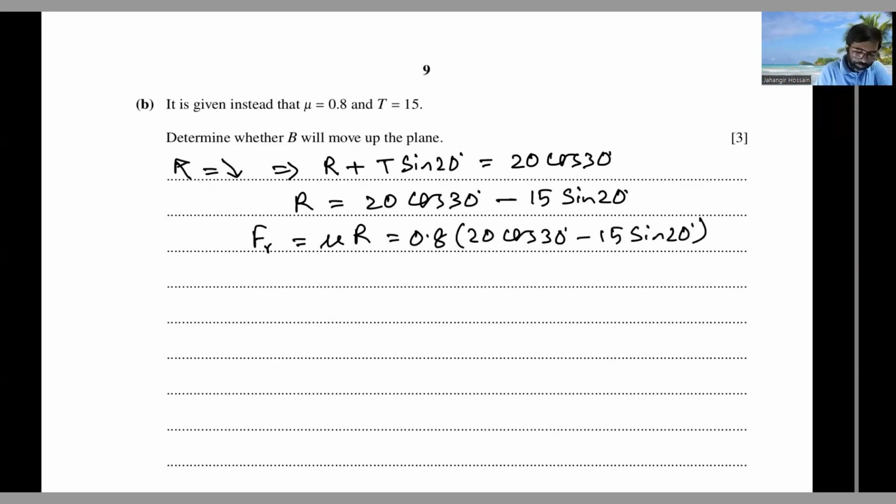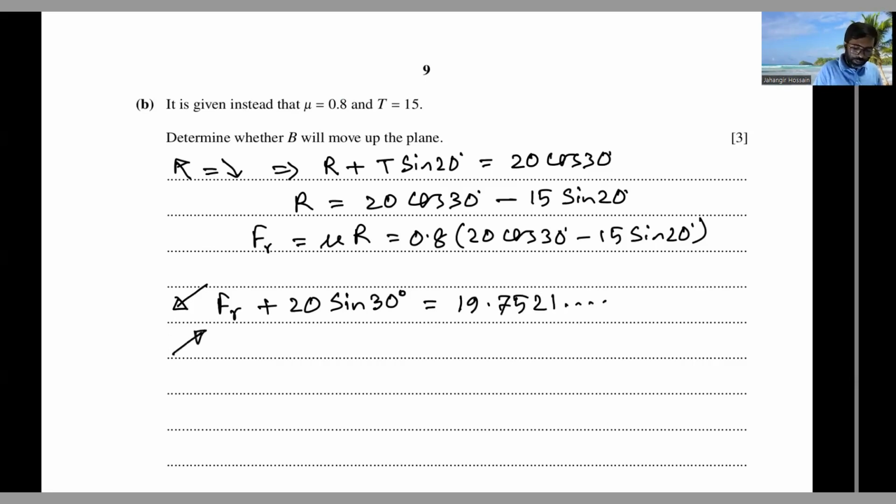Now friction plus 20 sin 30, that is the component of weight along the plane. Along the plane, the downward force is equal to the sum of these, which is 19.7521 and so on.